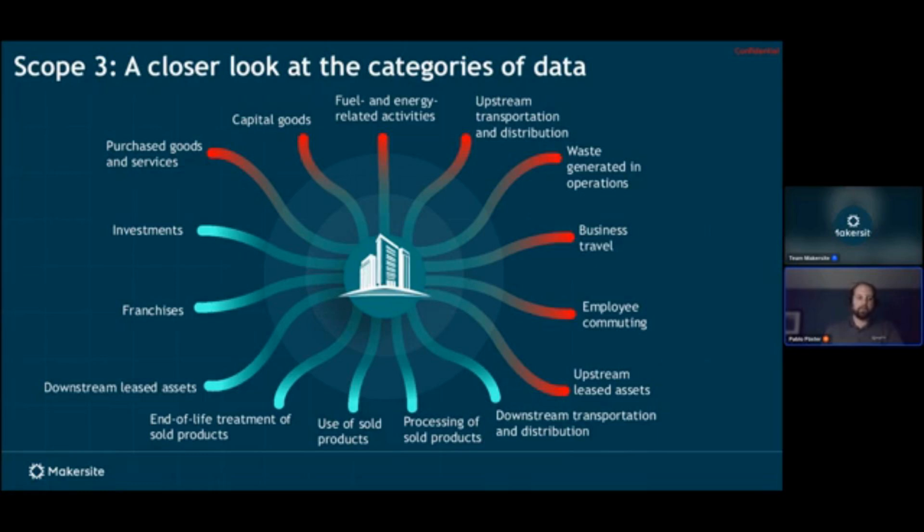For example, looking here at category 3, fuel and energy related activities. Now, this is the energy used in refining, in mining, and so on for the energy that you ultimately use. But it can be extremely difficult to influence because you have so little visibility into where the oil for your gasoline comes from, or other resources are extracted to provide the energy to you.